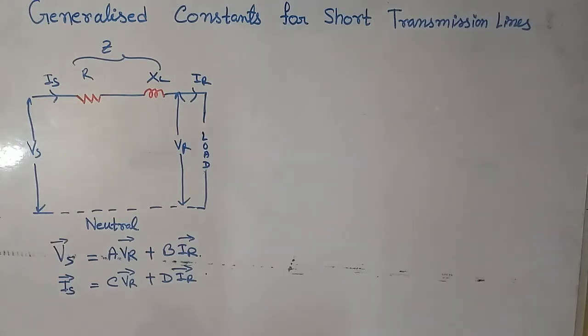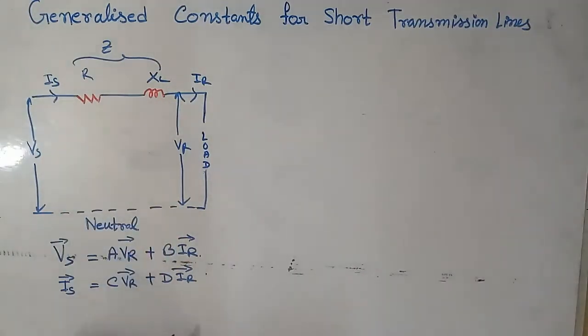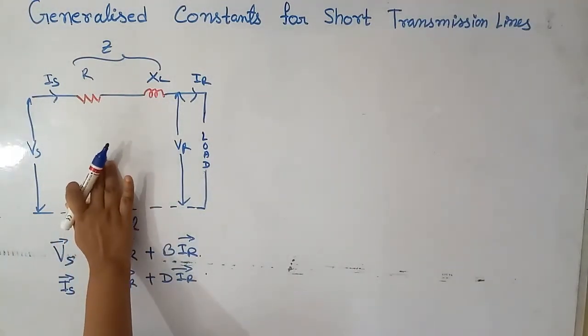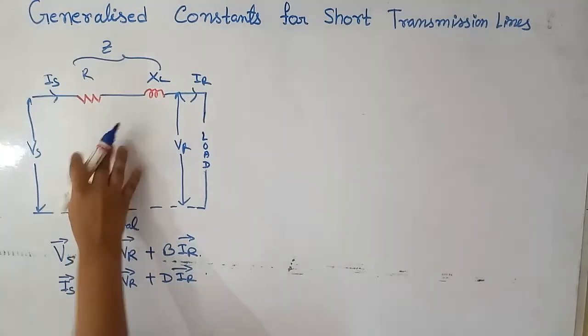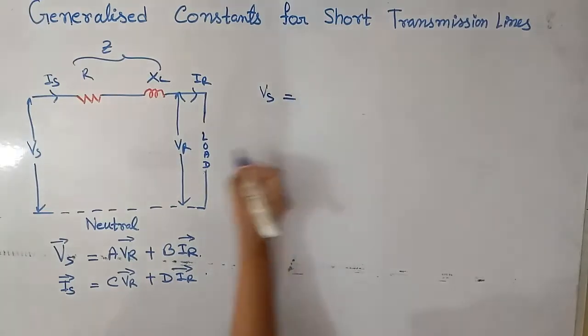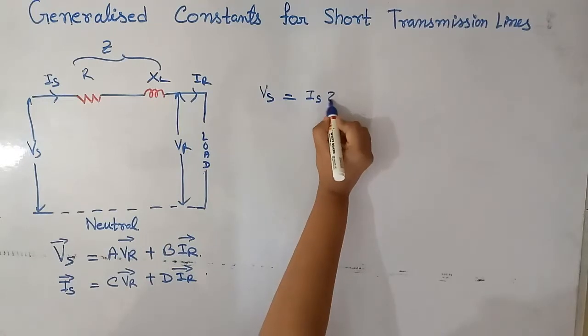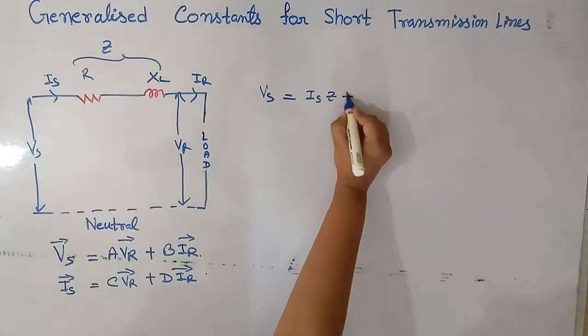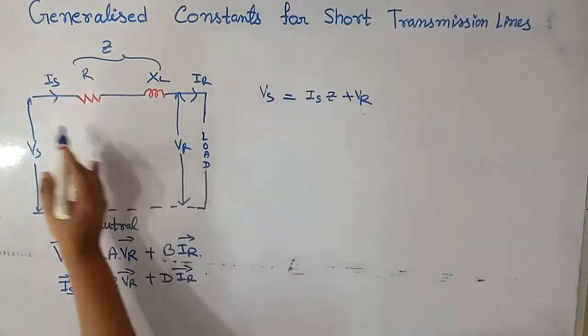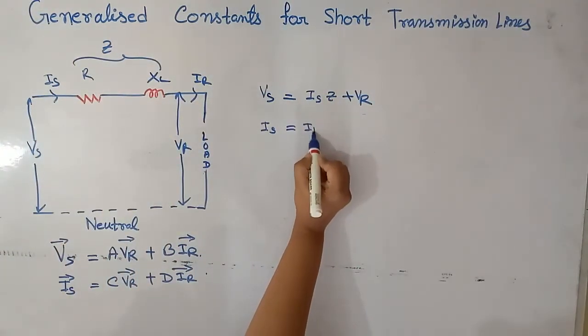In short transmission line, the effect of line capacitance is neglected. Therefore, the line is considered to have only the series impedance. Now, this circuit shows a three-phase transmission line on a single-phase basis. Here, Vs is equal to Is into Z plus Vr. Now, in this case, Is equals Ir.